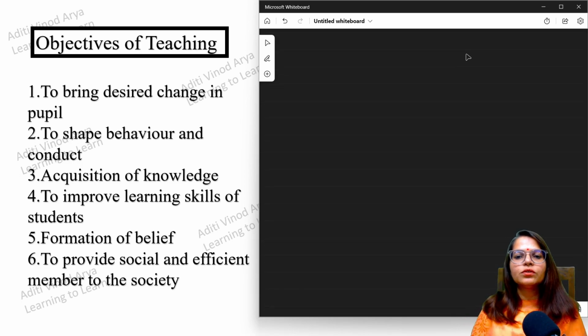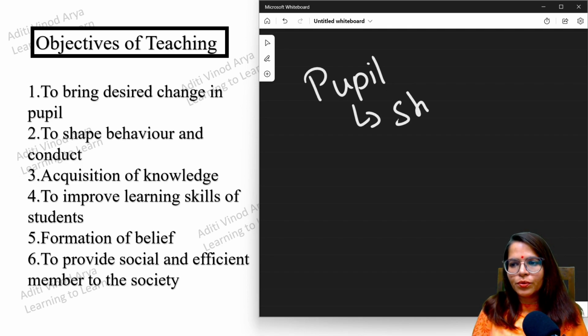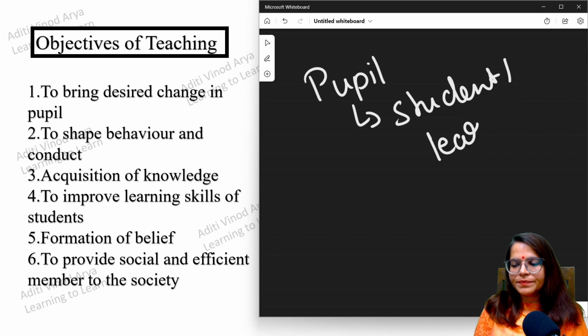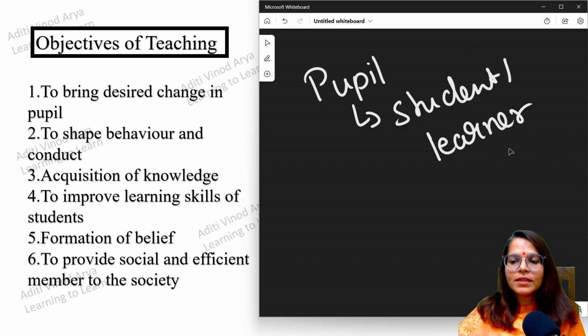So the first is to bring the desired change in pupil. Pupil here means the student or the learner. Teaching is basically done so that the student or the pupil or the learner understands what is right and what is wrong.